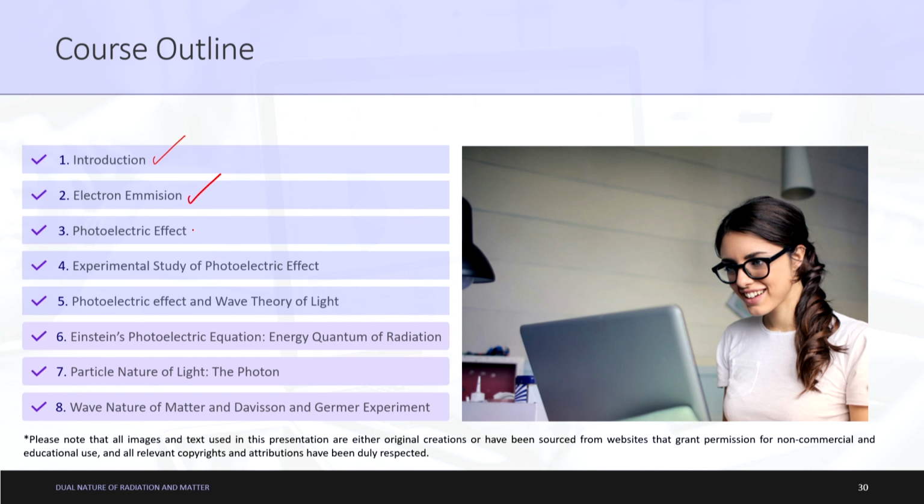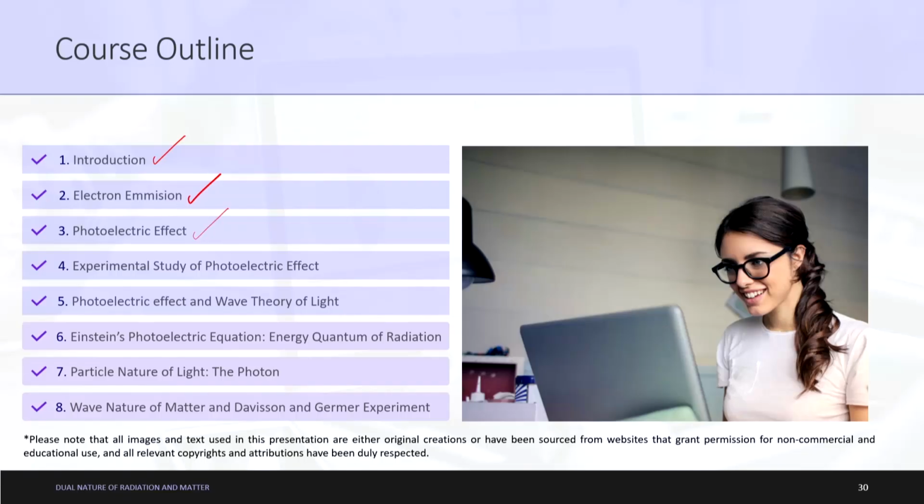Then the third point, the photoelectric effect. We understood the basics: there are different metals, and when they are irradiated by light, the electrons get ejected out from the plate. That plate is called the emitter plate. This experiment was done in a circuit, in which the electrons move from the emitter plate to the collector plate, constituting an electric current, and hence the circuit is completed.